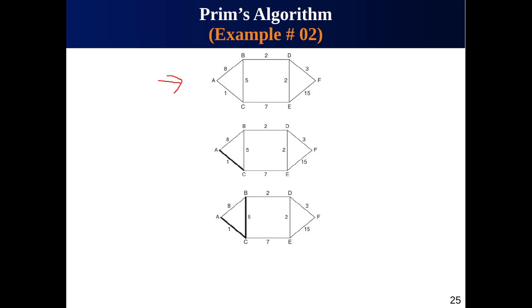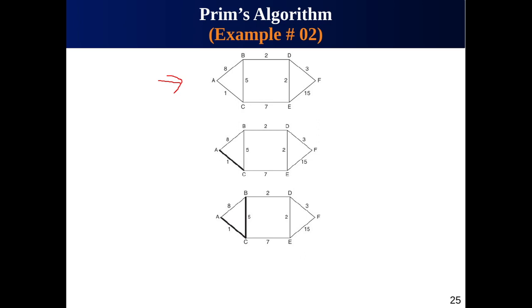In order to find a minimum spanning tree, we can use different algorithms, like Prim and Kruskal. They are famous algorithms that use the greedy approach, or you can say optimization.